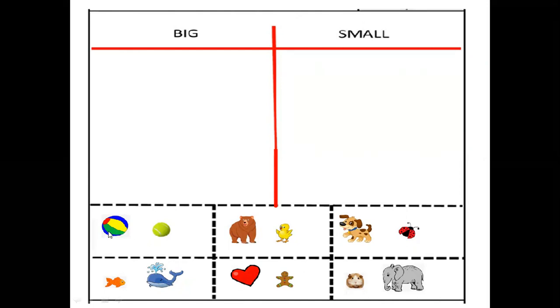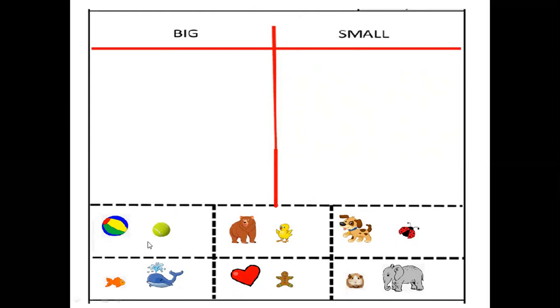You will pick the big object and put it under the big column, and you will pick the small object and put it in the small column. There are already two columns, one big and one small. So let's start our activity.